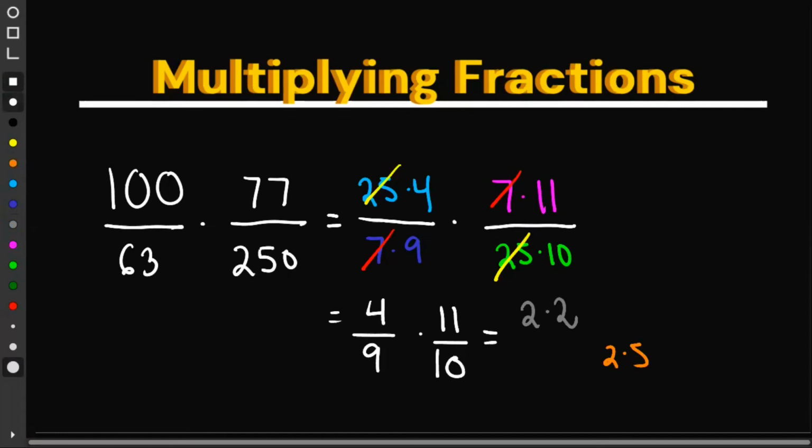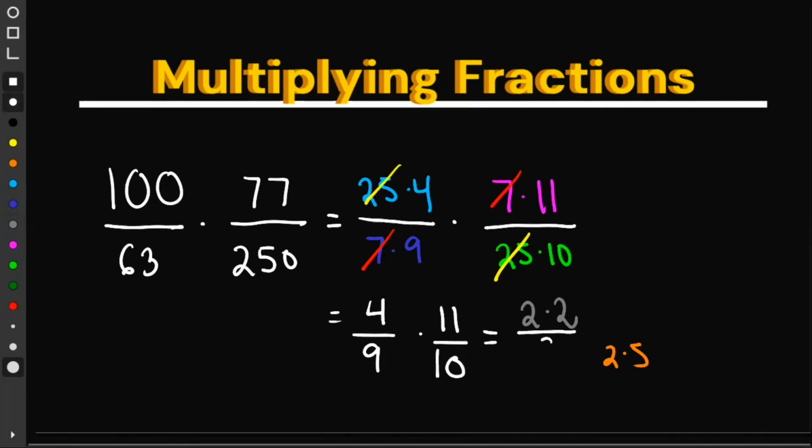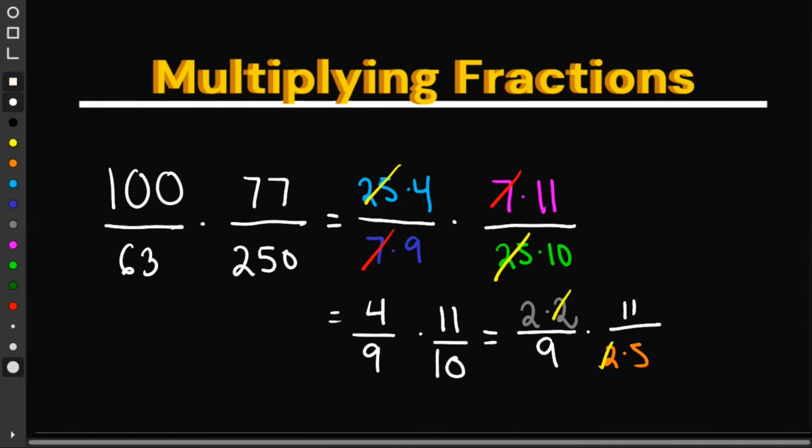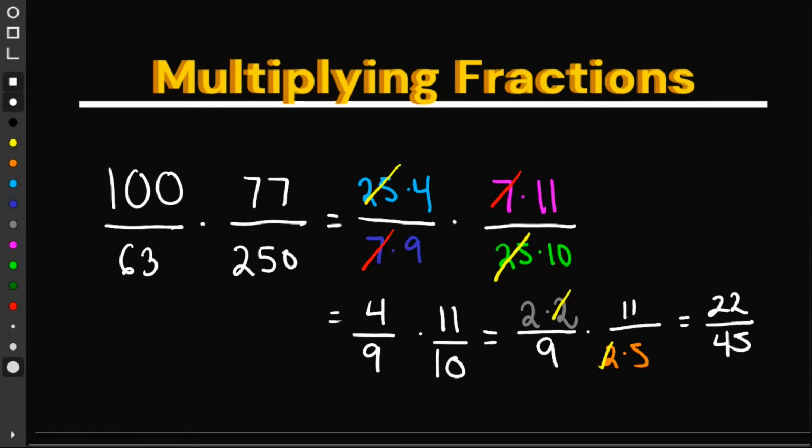So let's put out the remaining numerator and denominator left. So that will give us 2 over 9 all over 5 times 11. So again, we can cancel out the 2 out here. And now we can multiply the numerator and the denominator, which would give us 22 over 45.